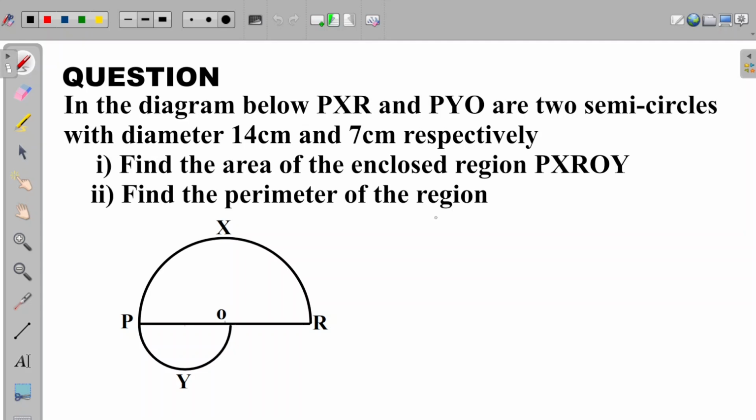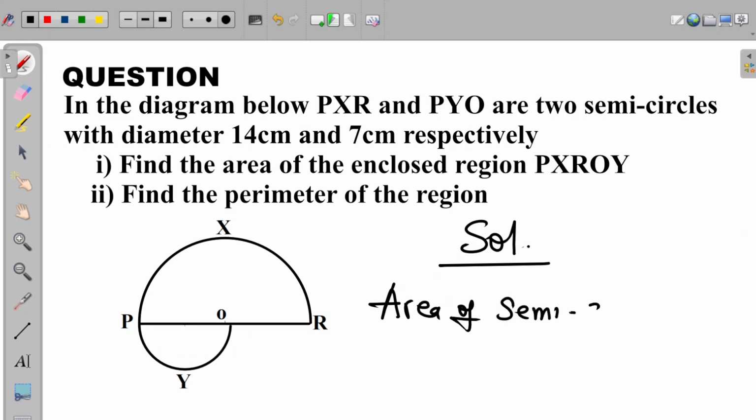They said find the area of the enclosed region PSROY and find the perimeter of the regions. Solution. We have two semicircles, and recall that area of semicircle is equal to 1 over 2 pi r squared.